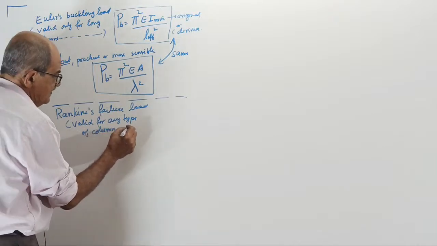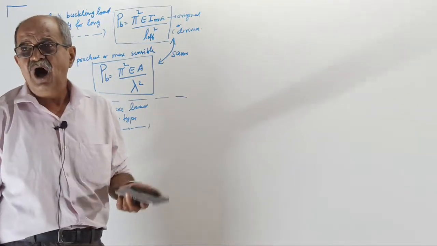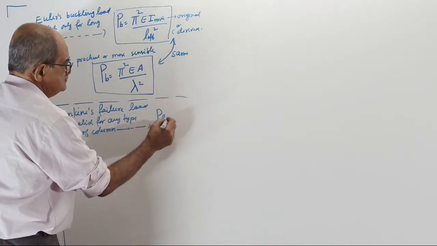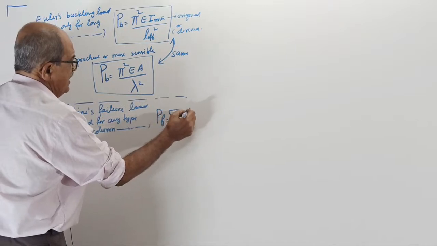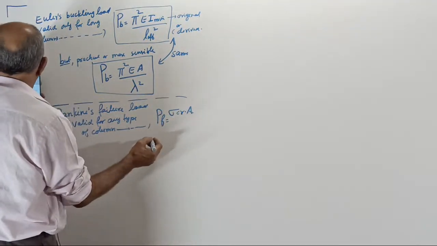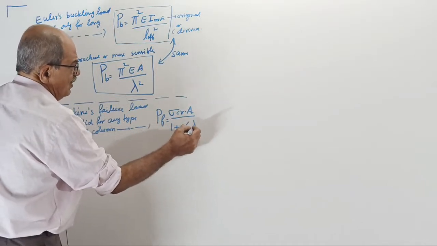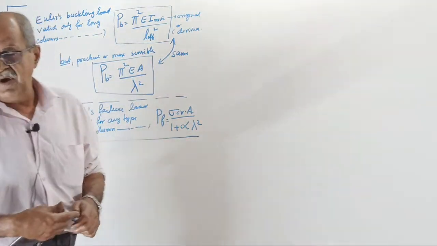You write, either long or short or intermediate. The symbol is PF equal to sigma CR into A divided by 1 plus alpha into lambda square. These are the two equations you write.